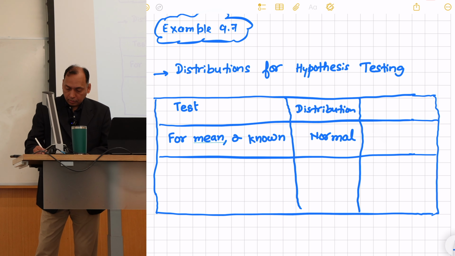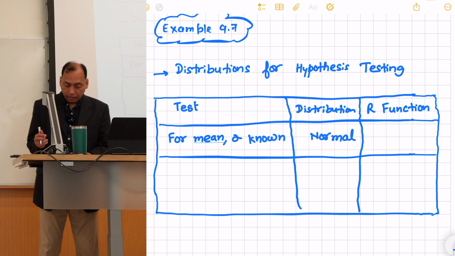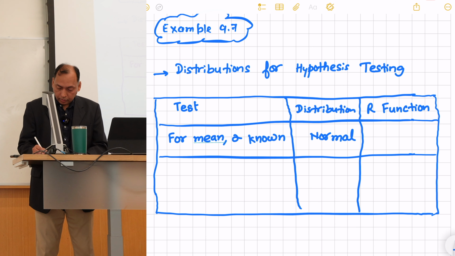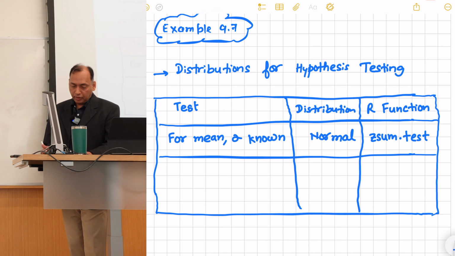And the R function that we use for testing the mean when sigma is known is z.sum.test. That same function that we use for confidence intervals.